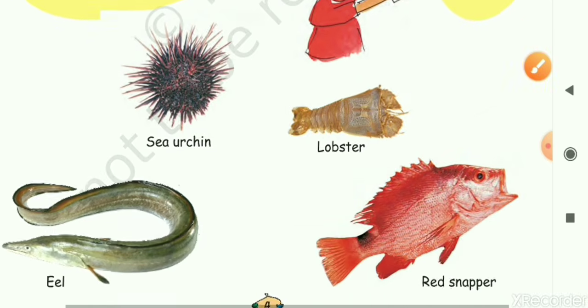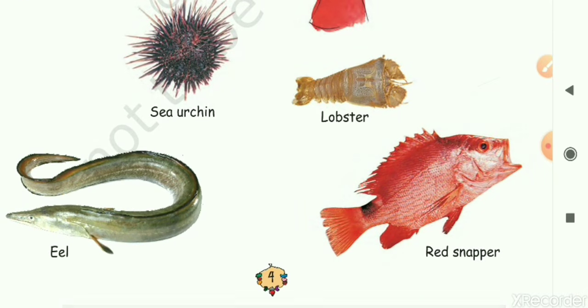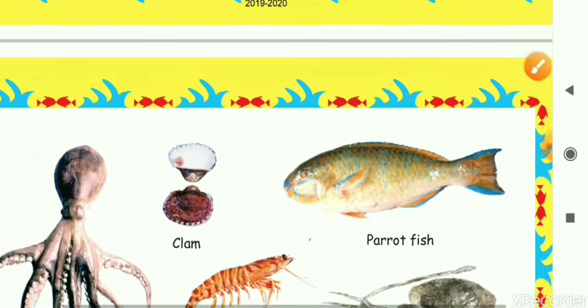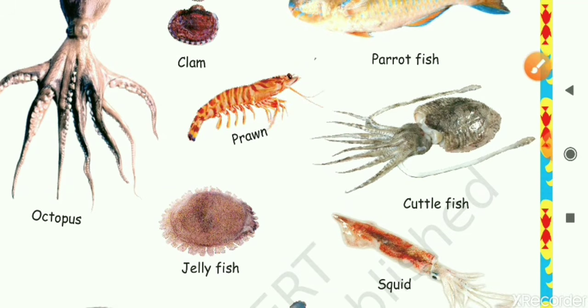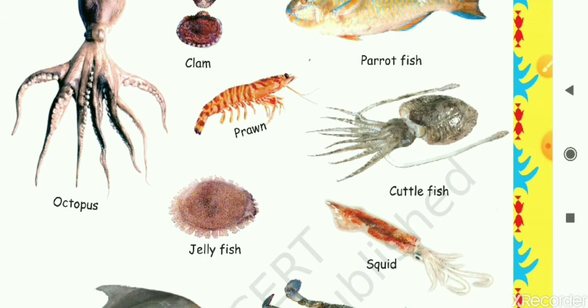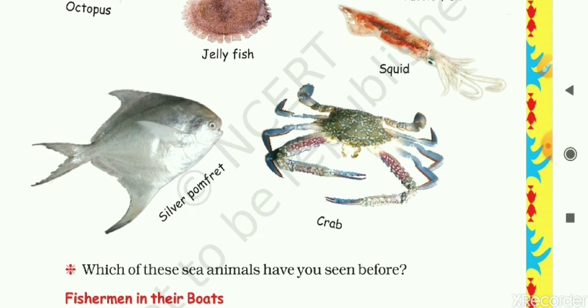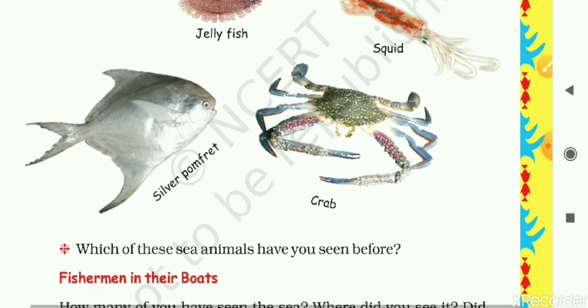Now, some pictures of sea animals you can see here: sea urchin, lobster, eel, red snapper, clam, octopus, prawn, jellyfish, parrotfish, cuttlefish, squid, silver pomfret, and crab.